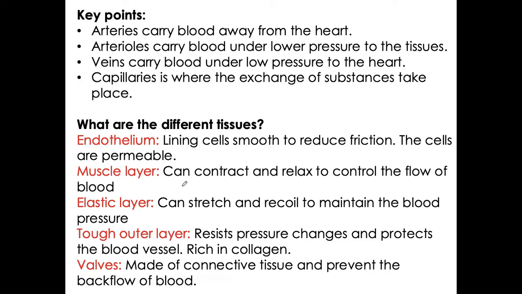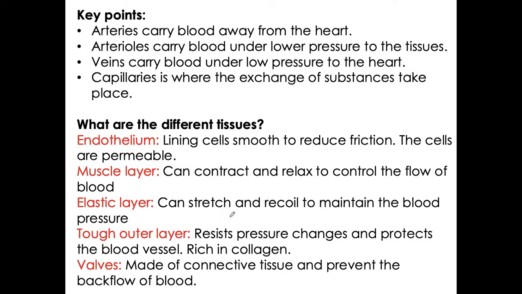Muscle layer, which can contract and relax to control the flow of blood. Remember, whenever you hear the word muscle, you say contract and relax. We have an elastic layer, which is made of fibrous proteins, and they allow the arteries or other blood vessels to stretch and recoil.